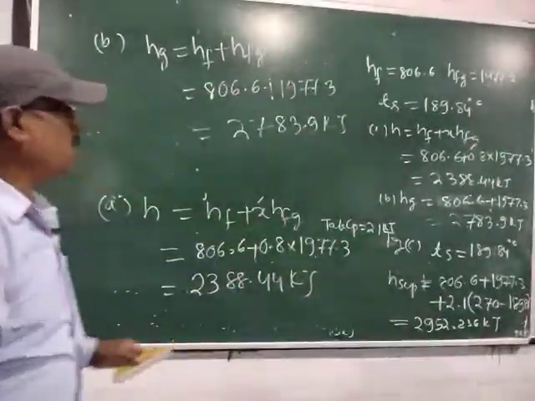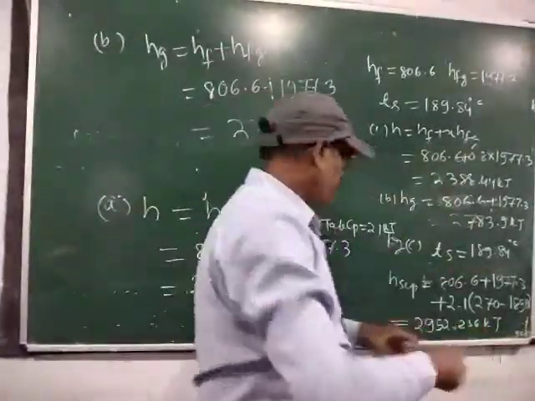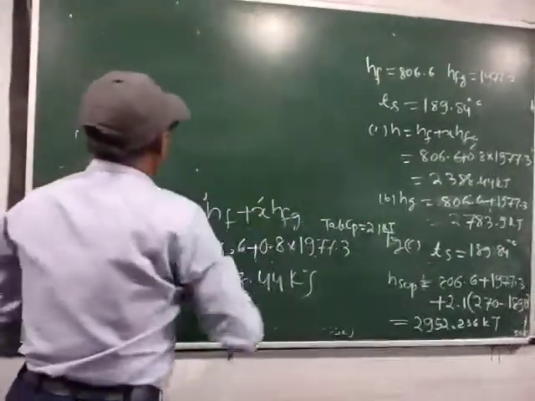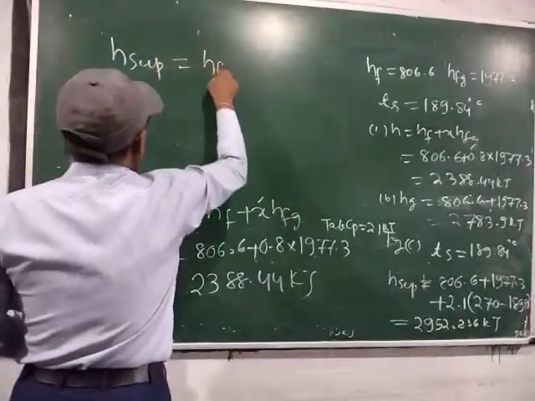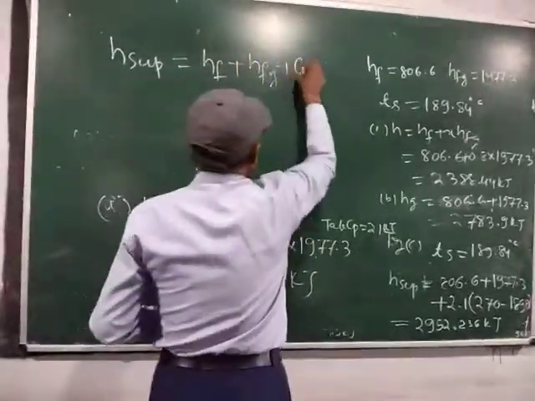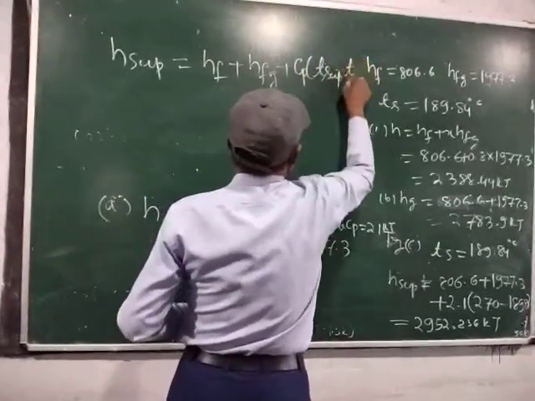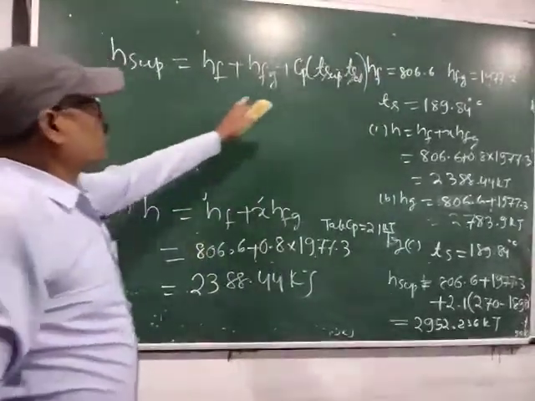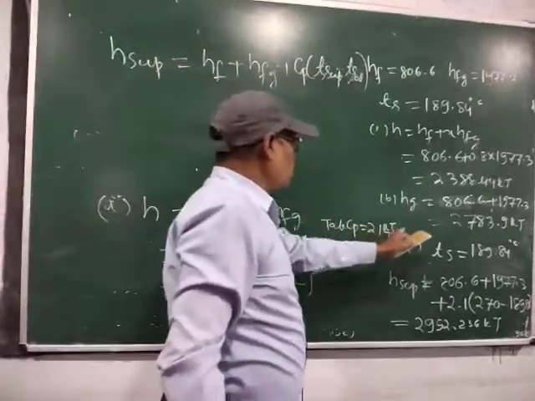Part C, this steam is superheated steam. Therefore, we know that superheated steam is given by the formula HF plus HFG plus Cp within bracket T superheated minus T saturated. Here the value of Cp is equal to 2.1 kilojoule per kg given.